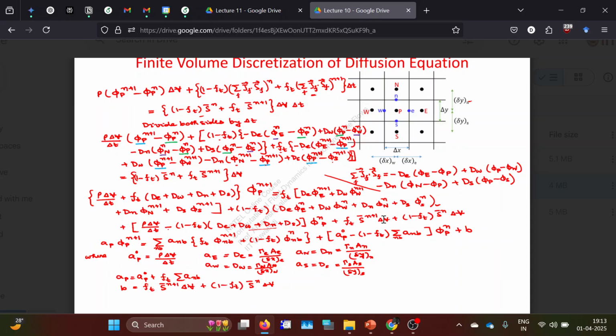When momentum diffuses, it will increase the speed or randomness or whatever I can say. And thermal diffusivity will change the temperature.